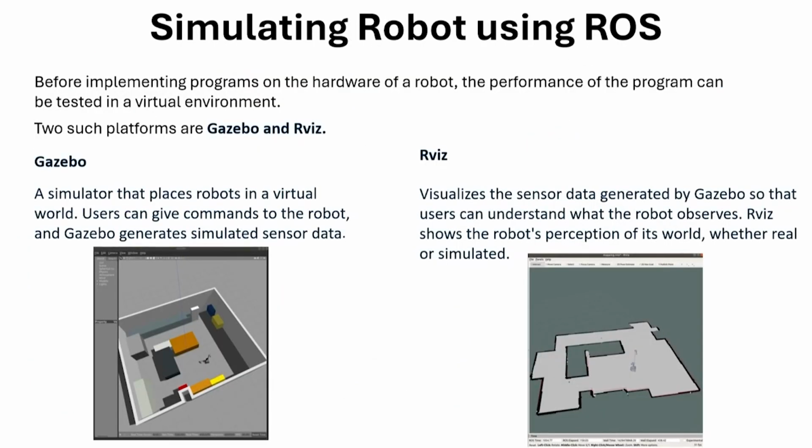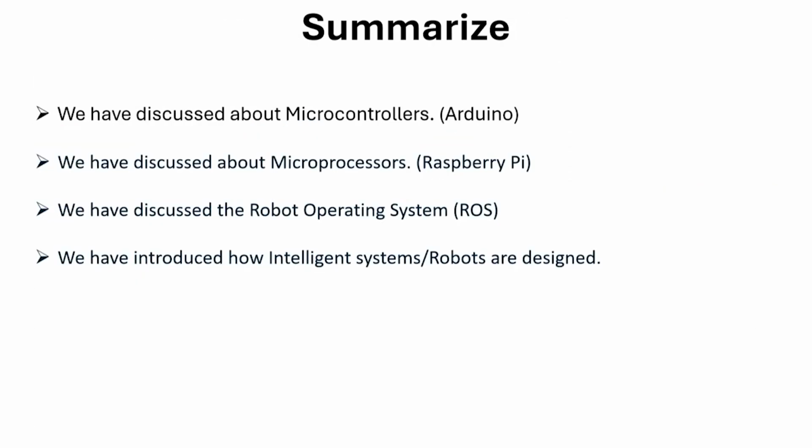And then, in order to simulate before you actually add the hardware, ROS can be simulated on two platforms. The most popular one is called Gazebo and the other one is RViz. Gazebo is a simulator that places robots in a virtual world: you define the abstractions, give the commands and see what the trajectory is, and RViz shows the robot's perception of the world. So, that is something where from the robot's point of view you can see how the world is perceived.